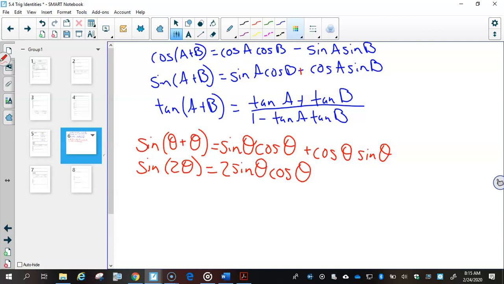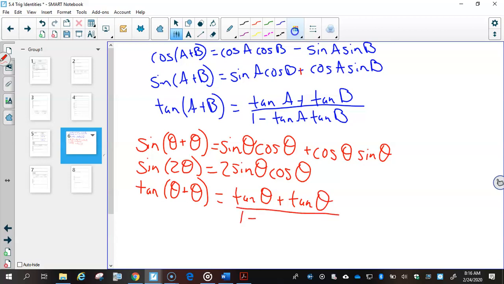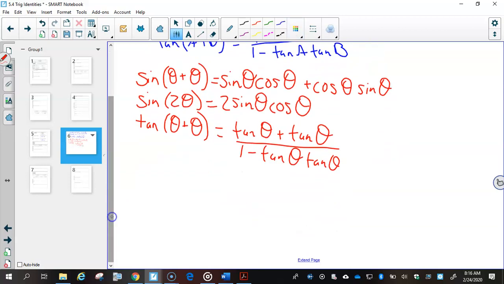So going from sum and difference for sine to double angle for sine, super easy. Just make all your A's and B's theta and combine. We're going to do the same thing for tangent. Make all of our A's and B's thetas. Just as we did with sine, condense, combine everything.